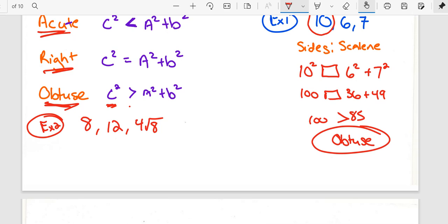And same question, I want you to classify this triangle by its angles. So if I looked at this, first of all, by its sides, it's scalene. Not that you were asked that, but that should be a simple question to answer. It's scalene. Now I need to determine if it is acute, obtuse, or right.